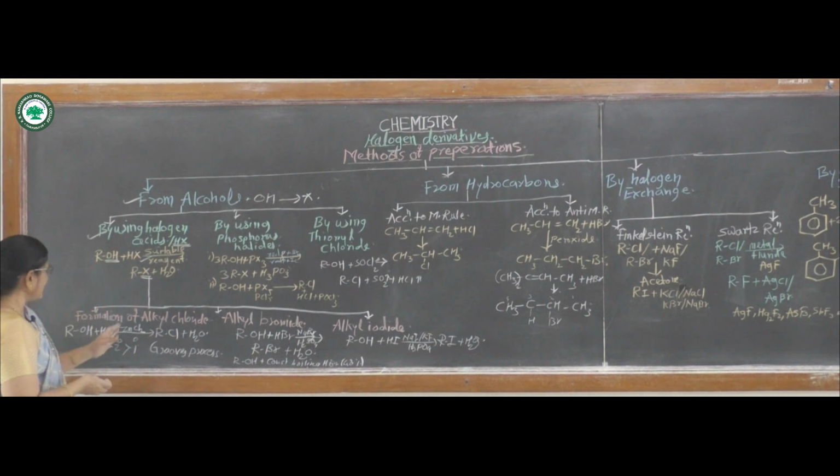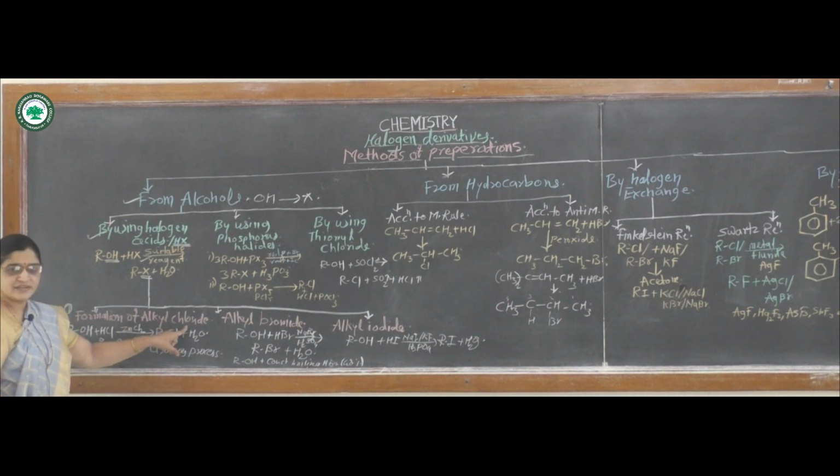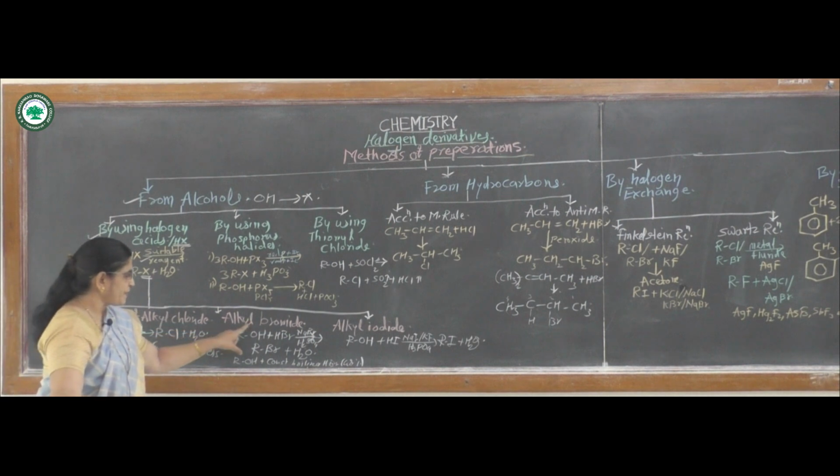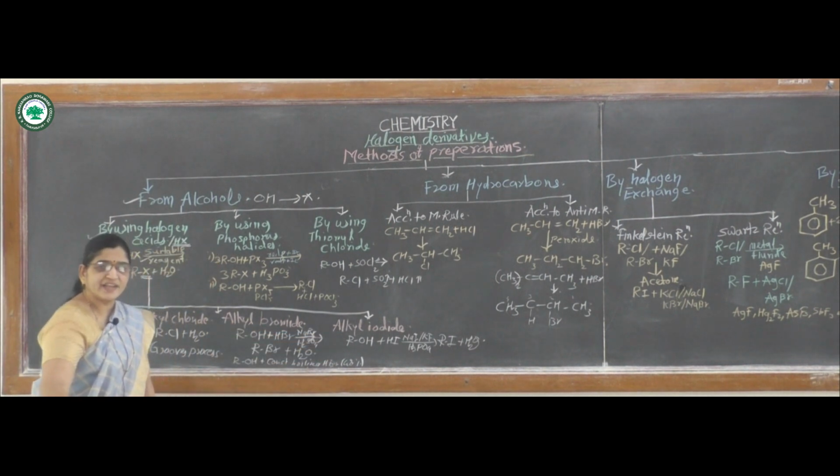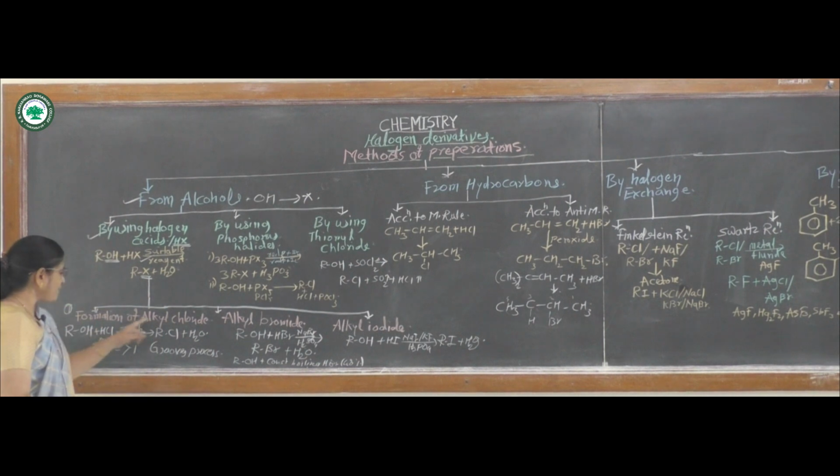Then there are again three reactions: first, formation of alkyl chloride; second, formation of alkyl bromide; and third, formation of alkyl iodide. First of all, formation of alkyl chloride.